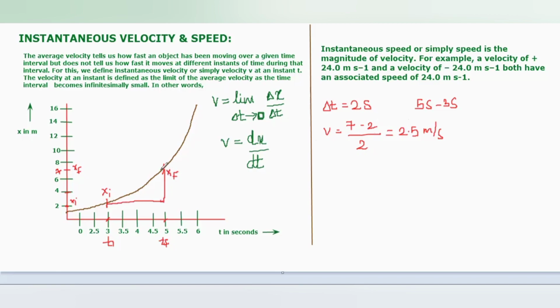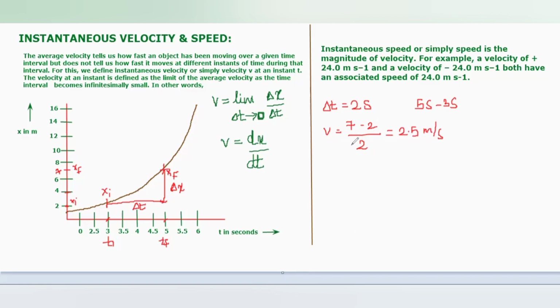The vertical value denotes delta x, and the horizontal value denotes delta t. So the slope of the x-t curve gives the average velocity.